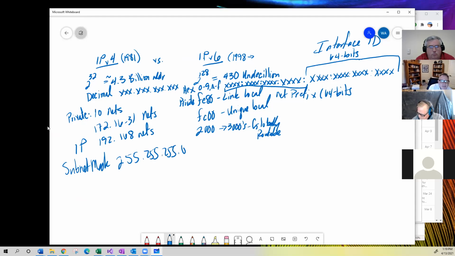That was a separate number. But the mask is built in to IP version 6. So that's a big change. It's not two separate numbers, IP address and subnet mask, to determine the number of IP addresses and the number of subnets based on that mask.